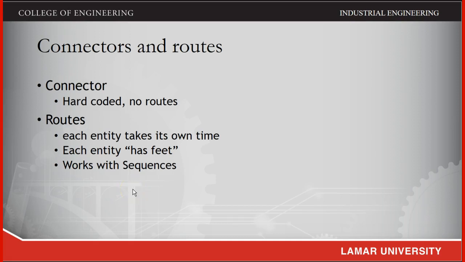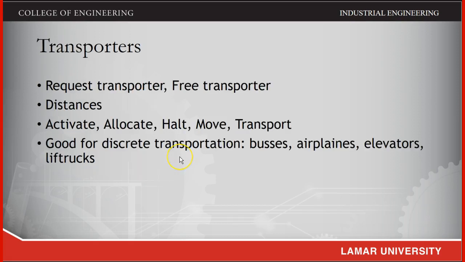Connectors cannot be associated to sequences. Routes means that each entity can take its own time. If we prefer to specify that the transferring time is 0, we can do so. We don't need a means of transportation, and each entity has its own feet, and it works fine with sequences.